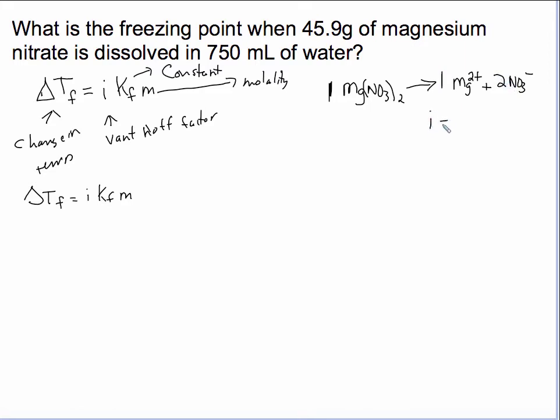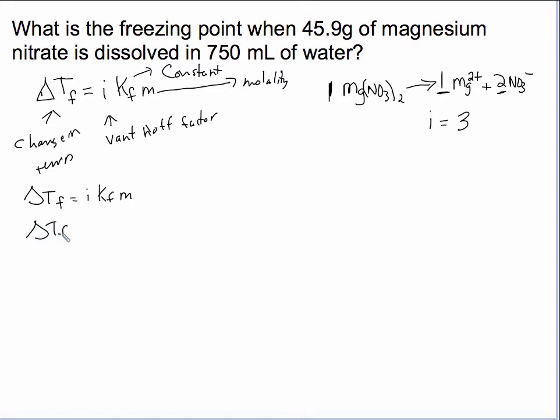The i is whatever number is in front of each ion added together, so 1 plus 2 is 3. For this problem, the Van't Hoff factor is 3.